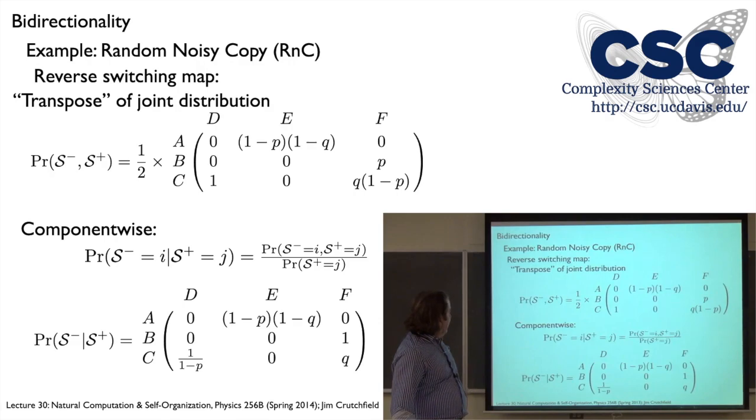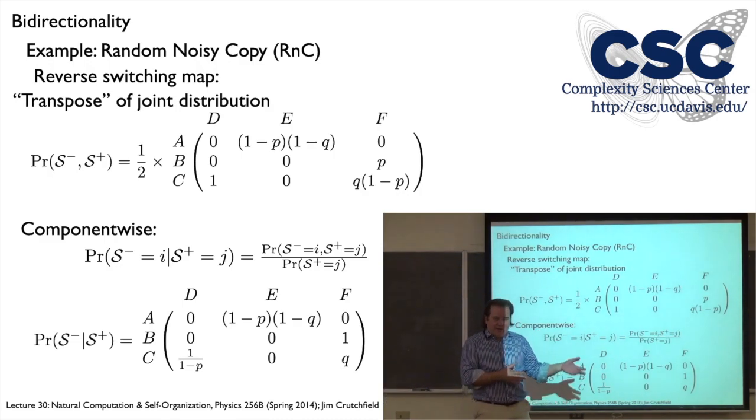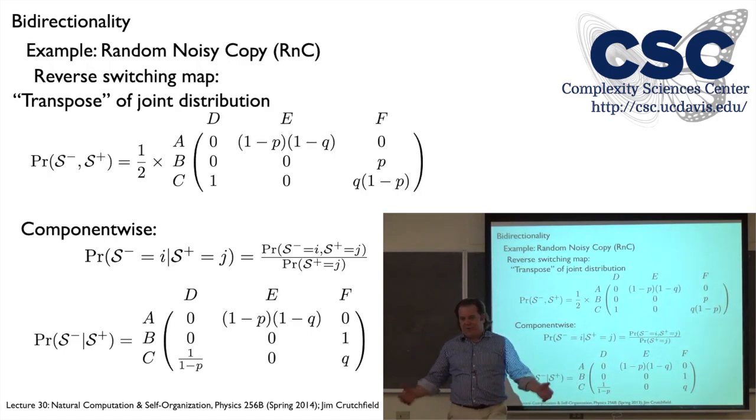So ditto the reverse switching map. It's the same calculation, except I would have taken the probability of the reverse causal states given the forward times the asymptotic state probability of the forward states. And they're transposes of each other, so maybe that's the easier thing to do. Anyway, without going through the algebra here, we can calculate these things.